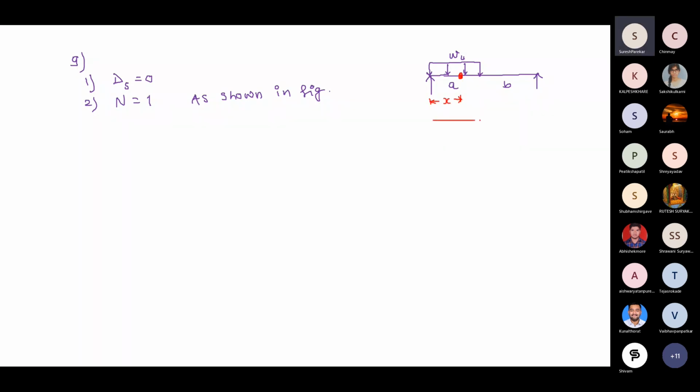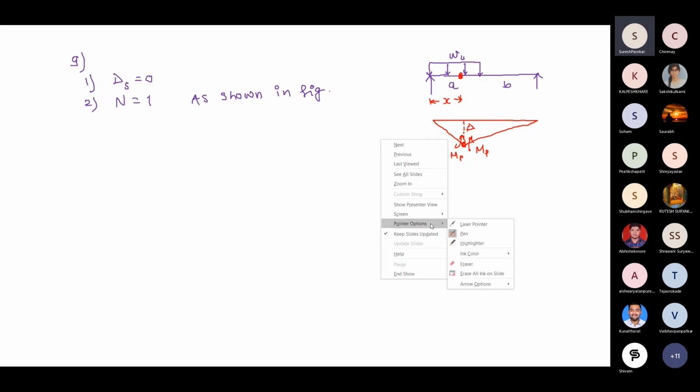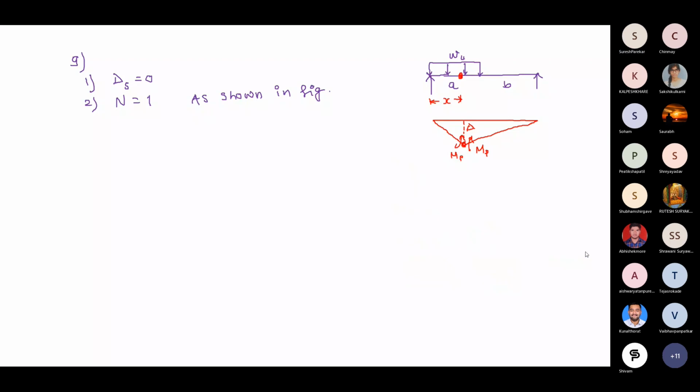If you draw the diagram of this and then go ahead, you will realize while doing calculations that it will take more time.